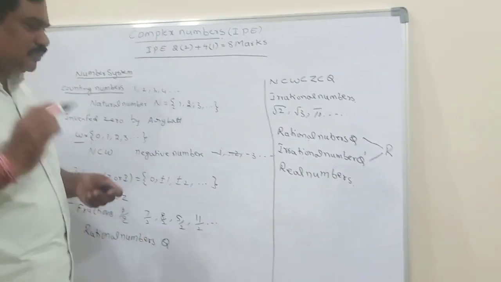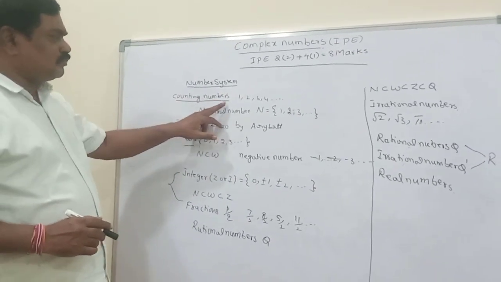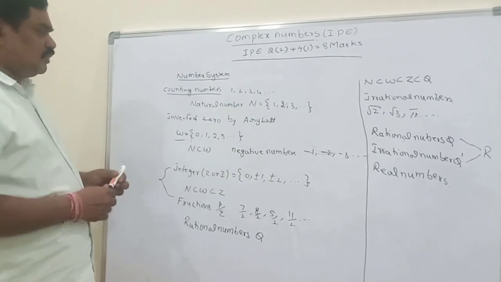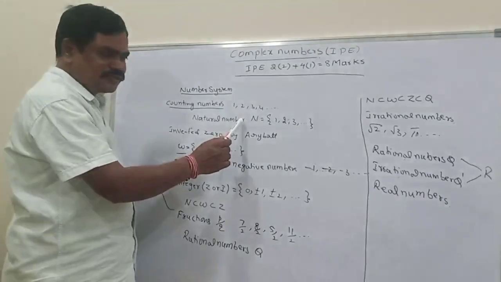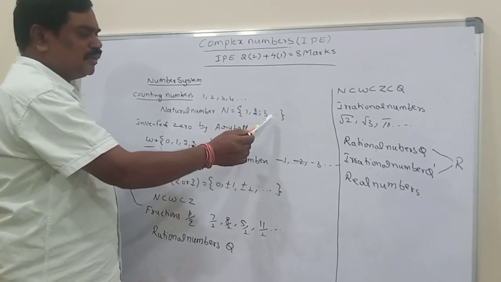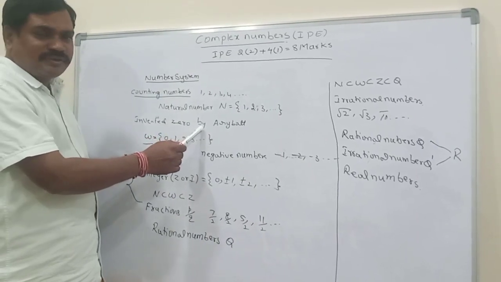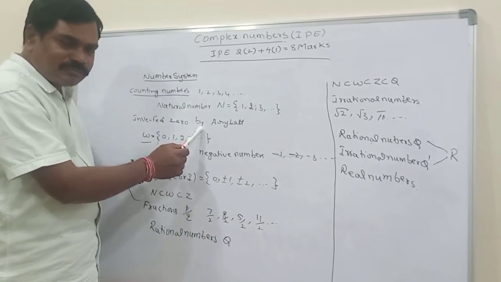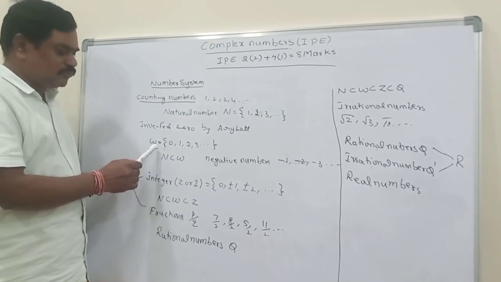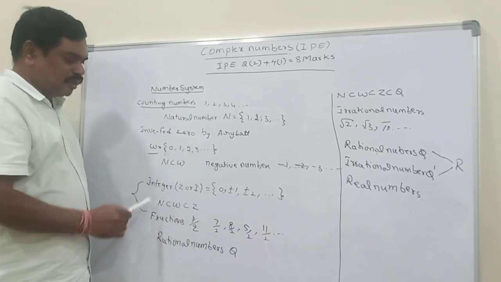So once again, in the number system, counting numbers are 1, 2, 3, 4 and so on. These are natural numbers, represented by N. After the great Indian mathematician Aryabhat invented 0, whole numbers were introduced: 0, 1, 2, 3 and so on.